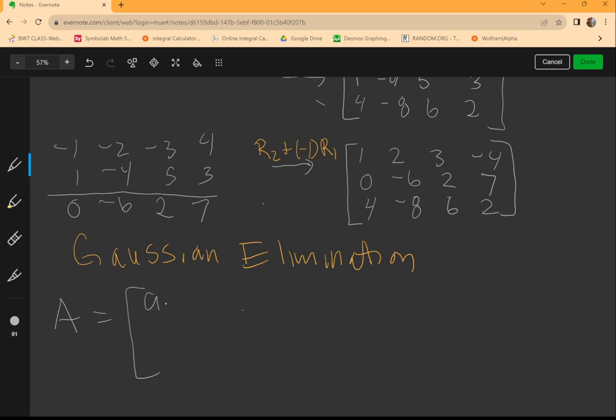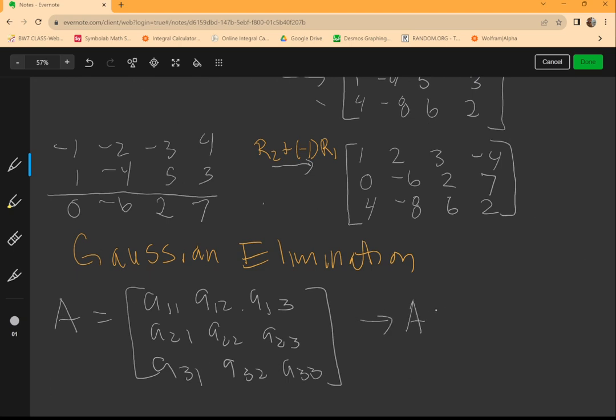The goal is to make the coefficient matrix that starts off looking something like this, where these are some values, and you perform the row operations, and eventually you end up with a row equivalent matrix that now looks something like this. It should be 1.